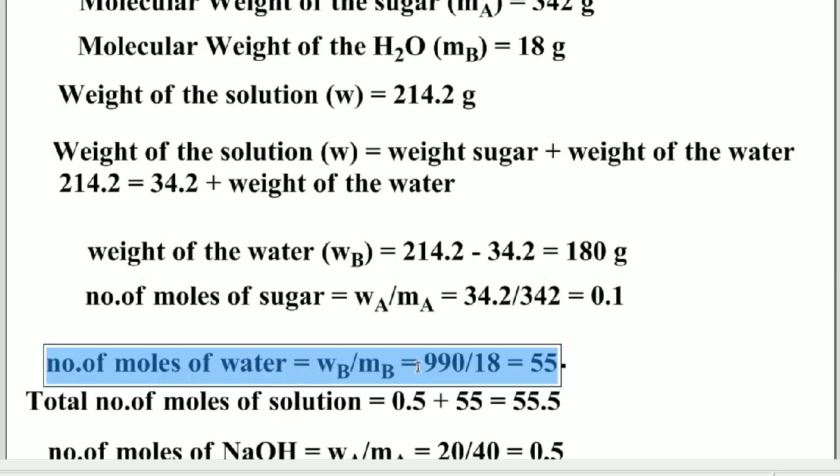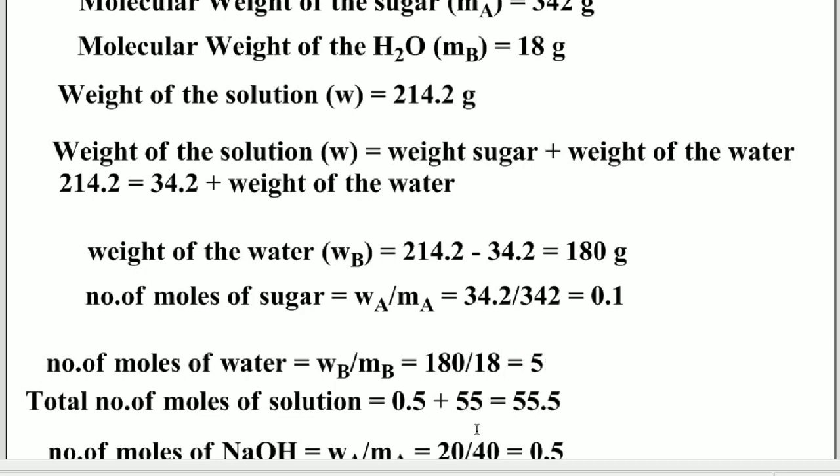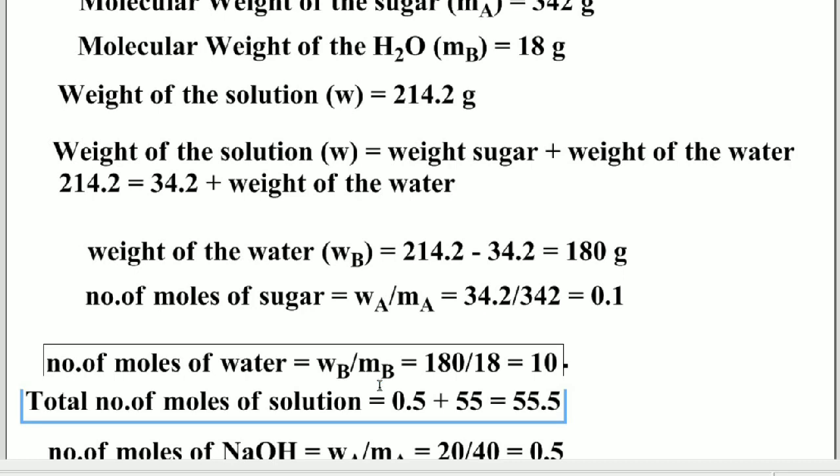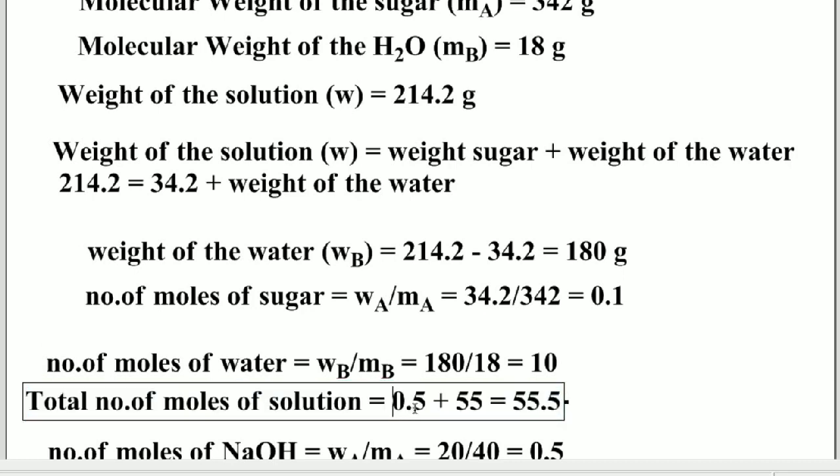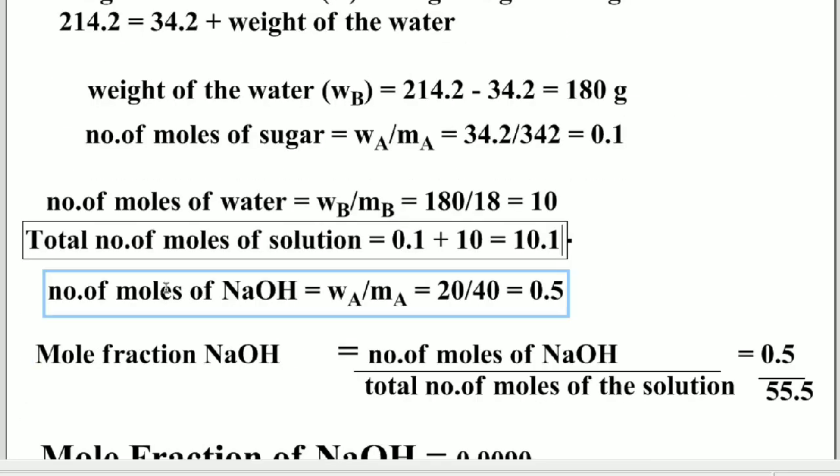Similarly, number of moles of water equals weight of the water by molecular mass of the water, 180 by 18, that equals 10. Therefore total number of moles of the solution is 0.1 plus 10, that equals 10.1.